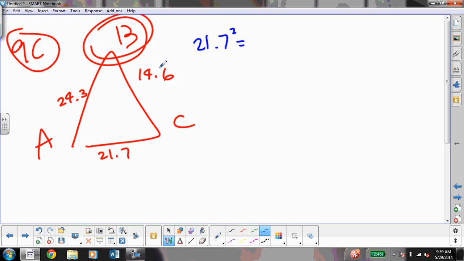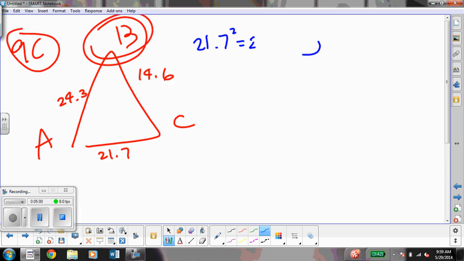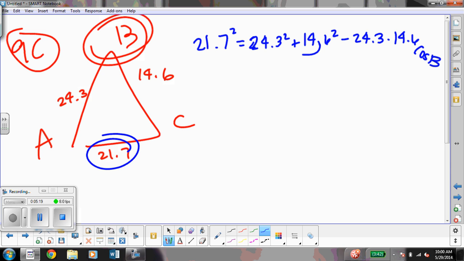So it's 21.7 squared equals 24.3 squared plus 14.6 squared minus 2 times 24.3 times 14.6 times the cosine of B. Again, I put side b by itself because that allows me to solve for angle B.